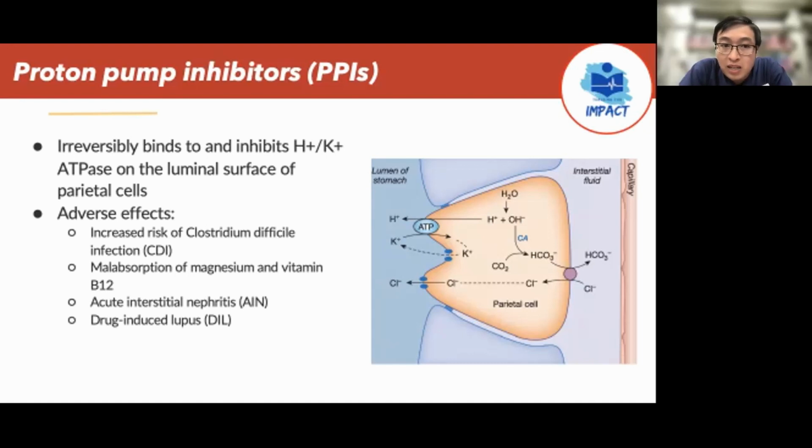The other baseline vitamin level that you should check before placing patients on long-term PPI is vitamin B12, because it can cause clinically significant vitamin B12 deficiency in the long term as well. Can someone remind us why vitamin B12 deficiency is so bad?